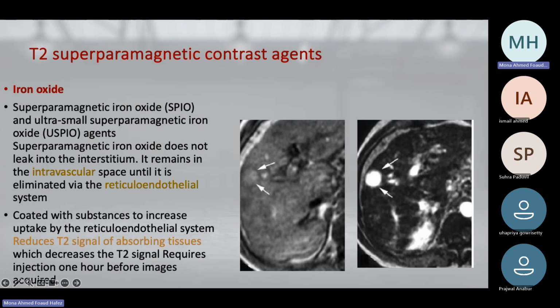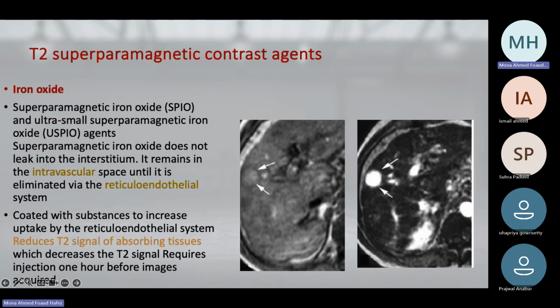As we said, any contrast agent will reduce signal in T2. It reduces the T2 signal of the absorbing tissue, but it requires 1 hour before the image is acquired. After 1 hour, the normal liver tissue will have reduced signal, highlighting the cancer in the liver.